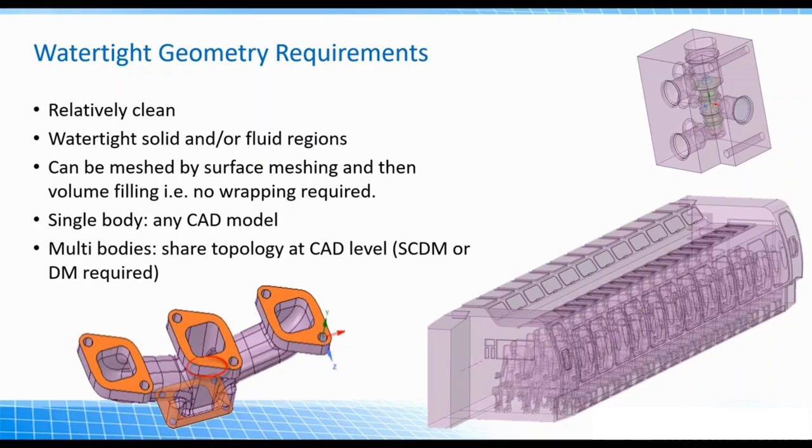Once you're in there, you need to turn shared topology on for all of your solid bodies. Also, you should make any named selections you're going to be using later on before you bring it into Fluent meshing. Named selections from other CAD sources won't be imported when you import your geometry into Fluent meshing. So make sure you turn shared topology on and make any named selections you're going to be using in either SpaceClaim or Design Modeler.